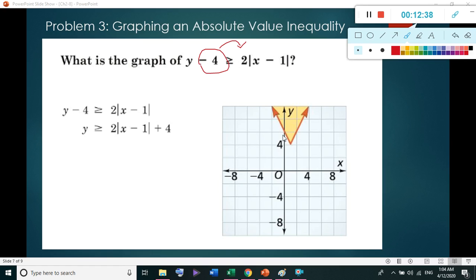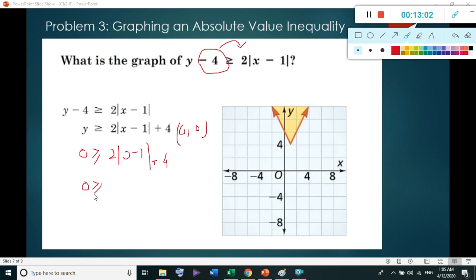Now here he shaded this, and for greater than or equal, either by logic you're going to shade this part, or you're going to substitute 0, 0. Let's try substituting 0, 0 into the equation. It's going to be 0 greater than or equal to 2 times the absolute value of 0 minus 1, plus 4.